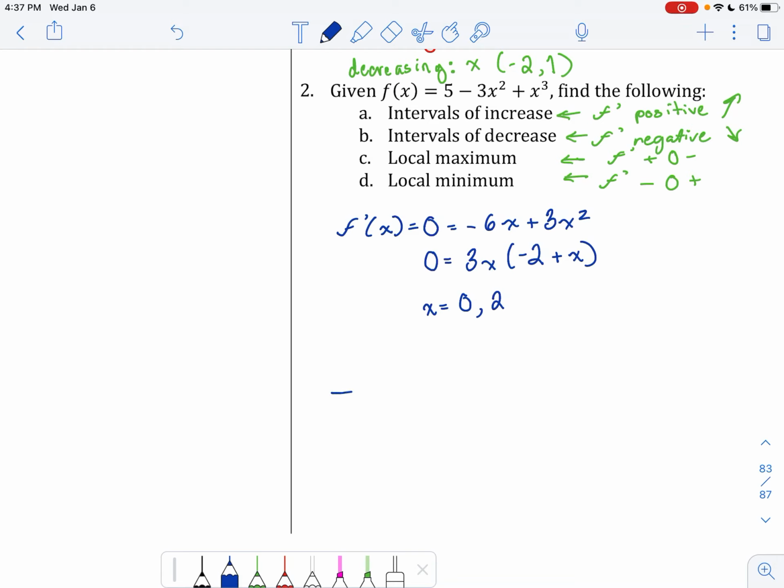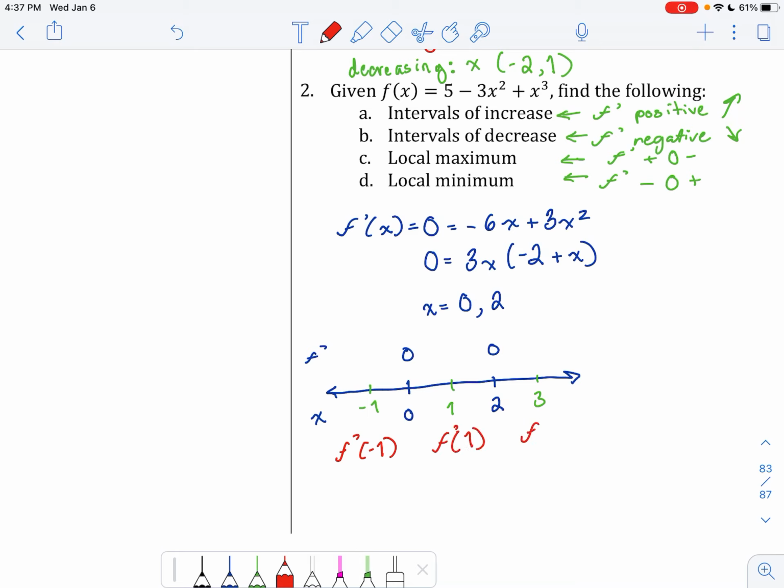Now from there, we're going to do the number line test that we did last week. So we're going to look at our critical point values on x. So we've got 0 and 2. And we know that f prime is 0 for both of those. That's what it means to be a critical point. And we'll test other points in each interval. So in this case, I'm going to test -1, 1, and 3. And if you remember, that means that you want to find the f prime values of those points.